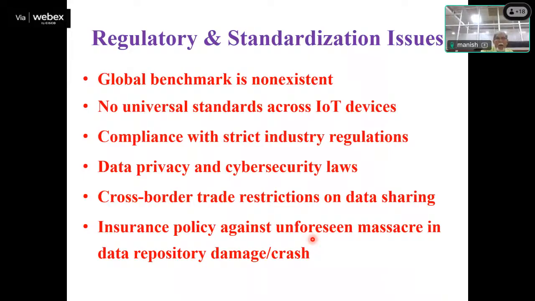Although a lot of words are there, the countries are acquiring the atomic power, and the thing is similar to that. The cross-border trade restriction is there for data sharing.